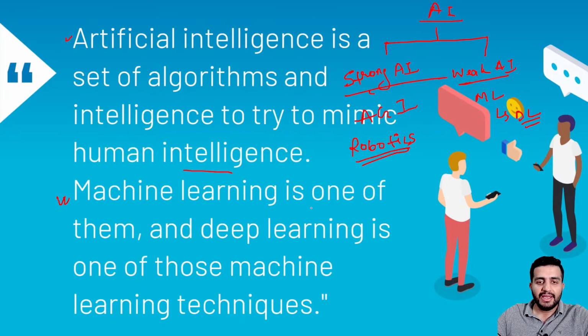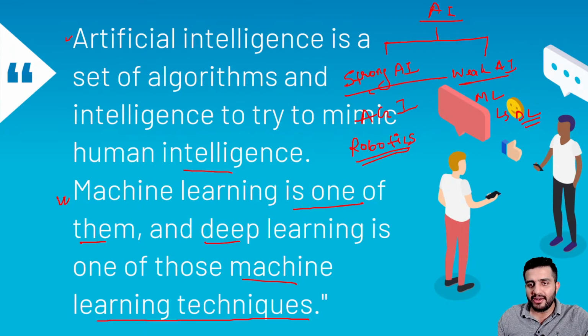So machine learning is one of the types of artificial intelligence, and deep learning is one of those machine learning techniques. Deep learning is not a separate entity, guys. It is often regarded as a separate entity, but no, it is another sub part, one part of artificial intelligence, and deep learning is another part of machine learning itself.